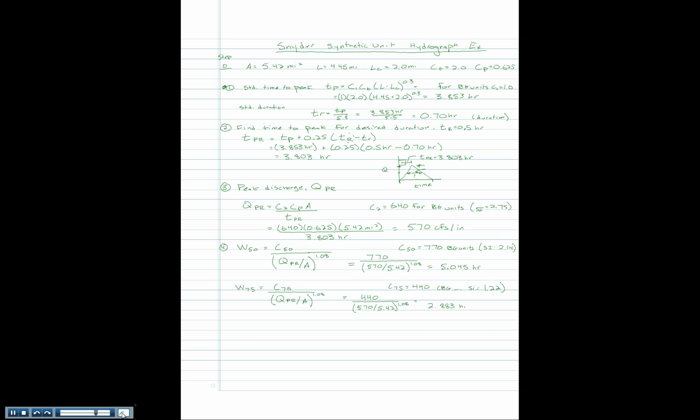2.883 hours. Okay, in the fifth step, we now get to calculate the width of the hydrograph, this T sub B. So, how long does the unit hydrograph last? And the formula for that I'm going to write in just a moment, but before I do, what I want to show you is how one of these coefficients is derived.